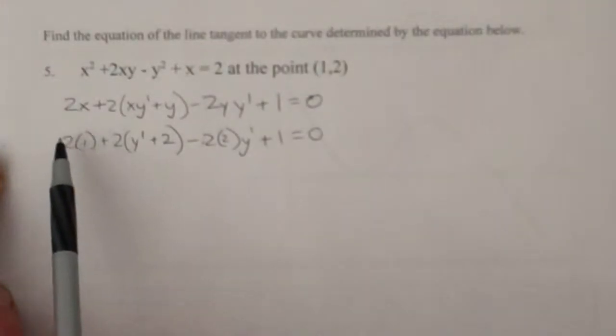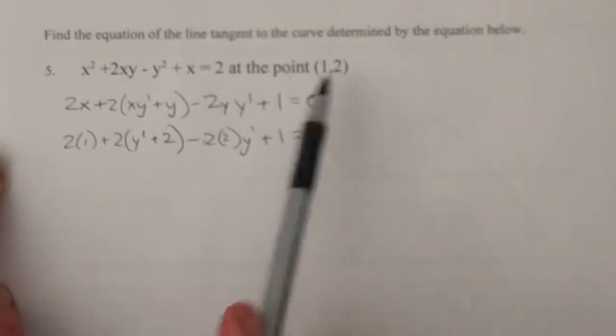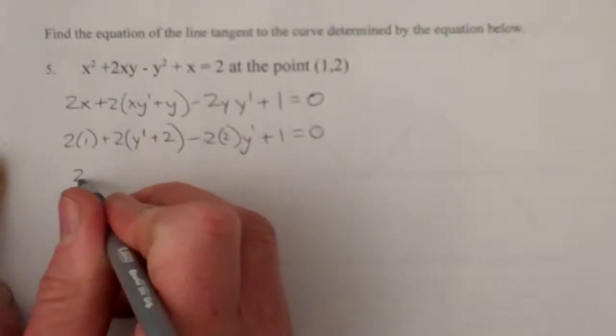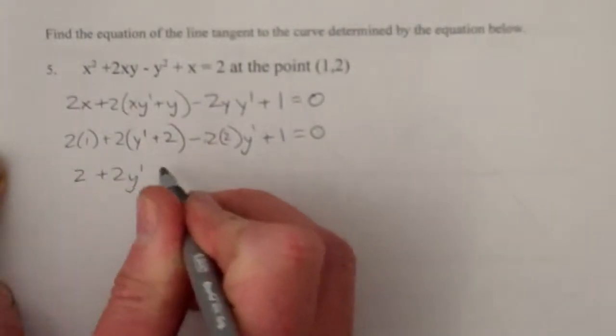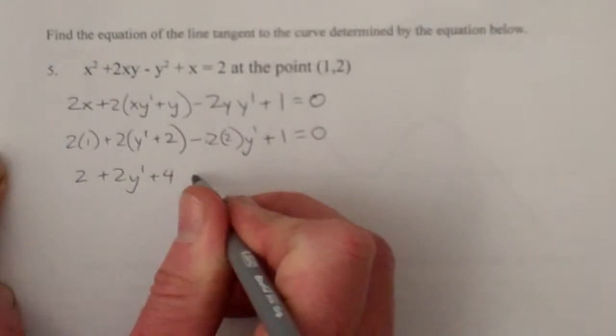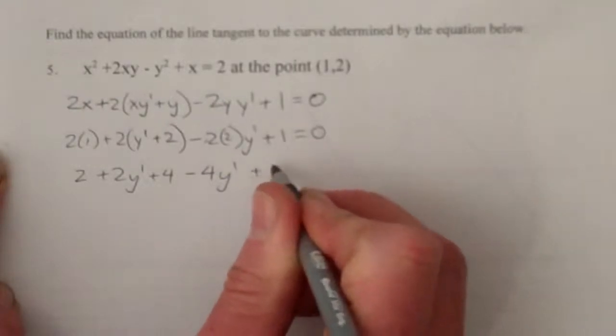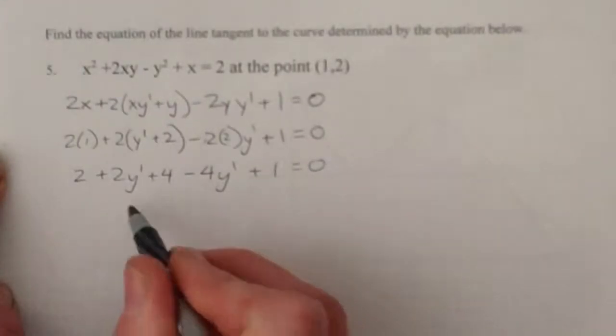Okay? So I'm just subbing in the things I know, x and y, and I'm going to work out what y prime is. So let's see, that's 2 plus 2y' plus 4 minus 4y' plus 1 equals 0.